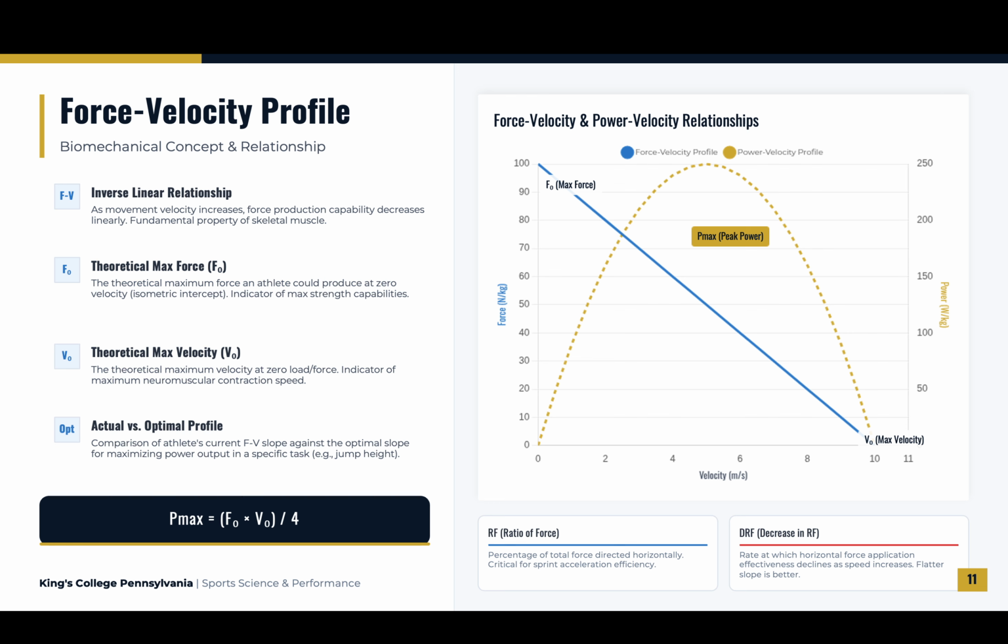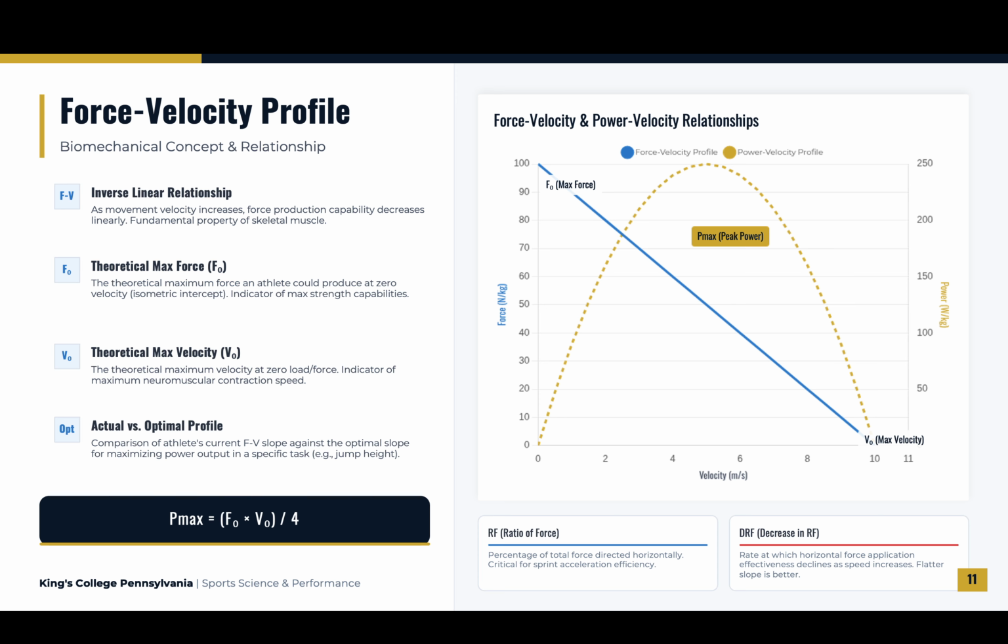The force-velocity profile: the biomechanical concepts and relationship. There's an inverse linear relationship. As movement velocity increases, force production decreases, and that's a fundamental property of skeletal muscle. The theoretical max force is the theoretical maximum force an athlete could produce at zero velocity, an indicator of max strength capabilities.